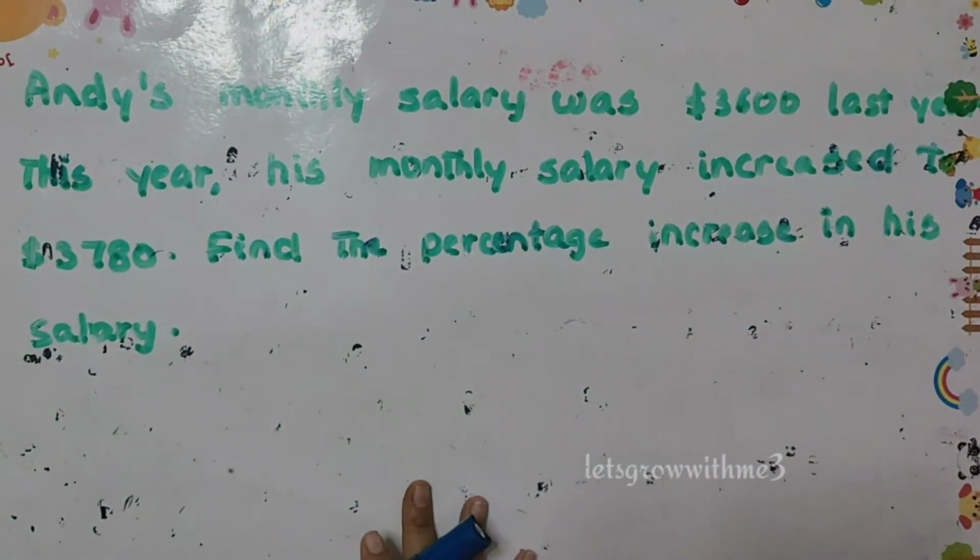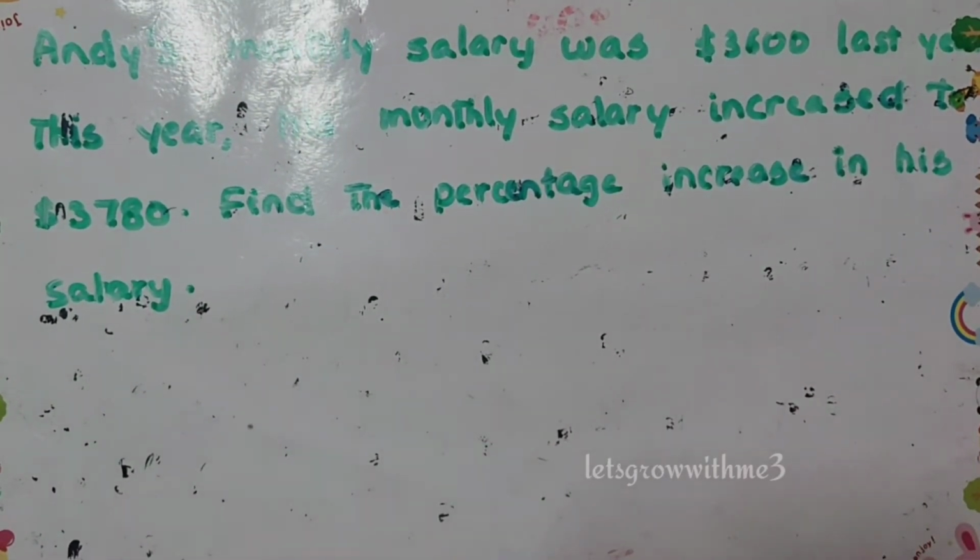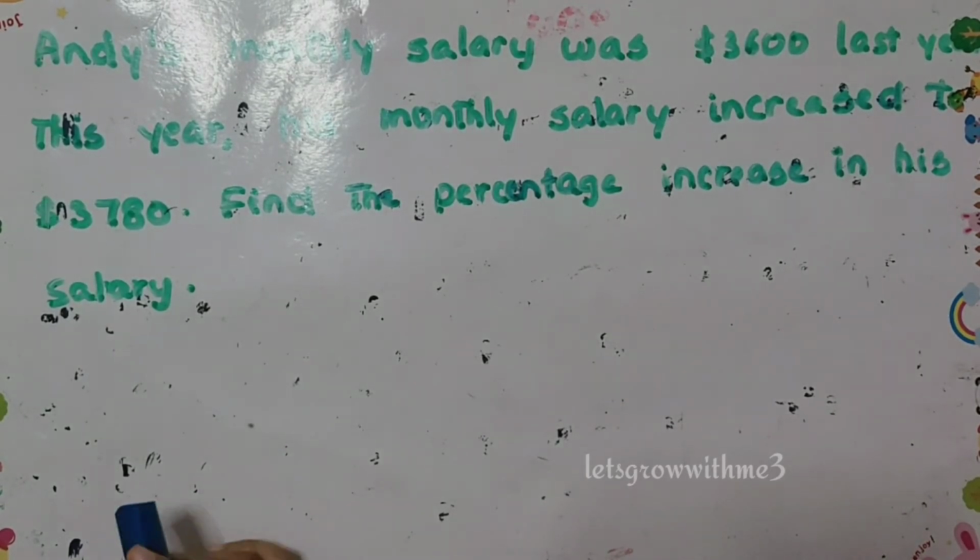Okay, so let's solve a few problems related to these formulas so that your concepts will be clear. Andy's monthly salary was $3,600 last year. This year the monthly salary increased to $3,780.